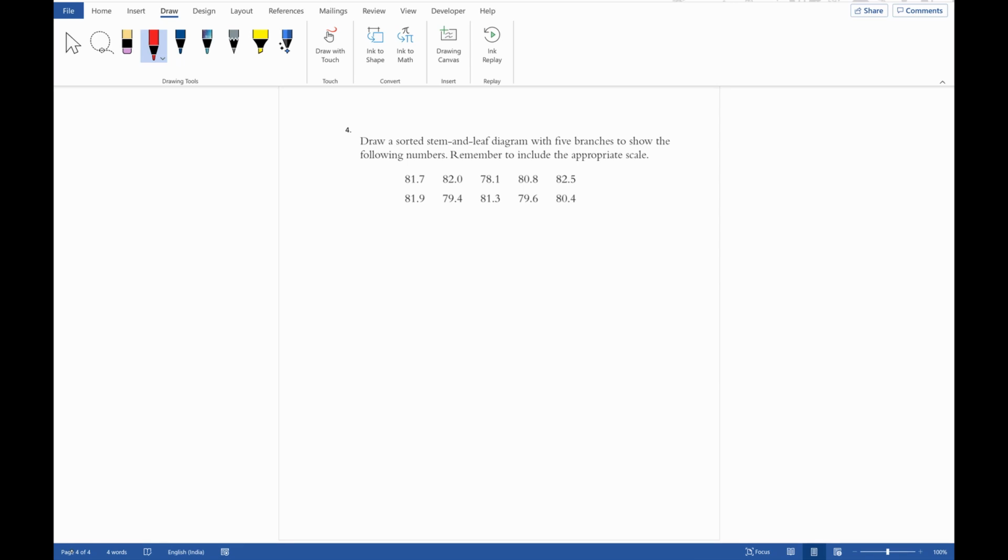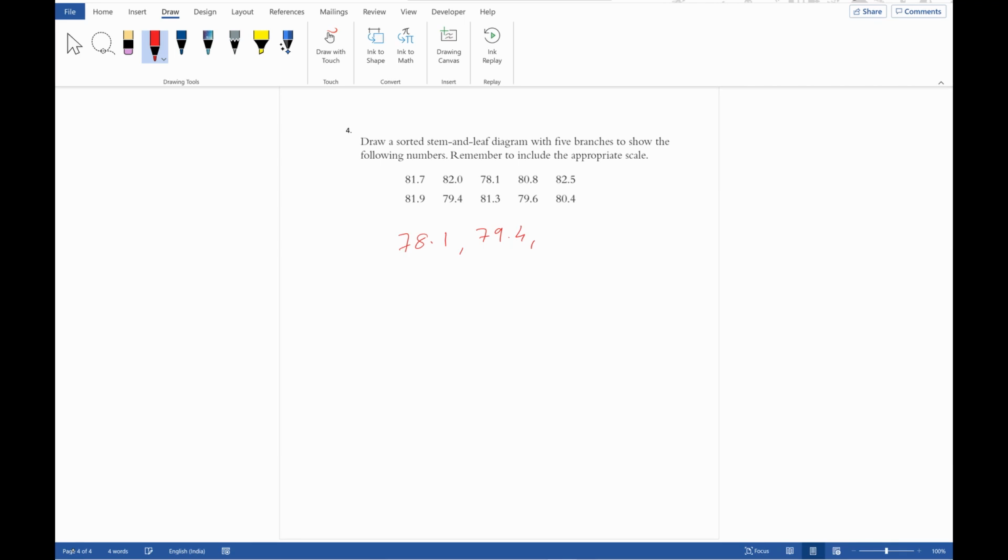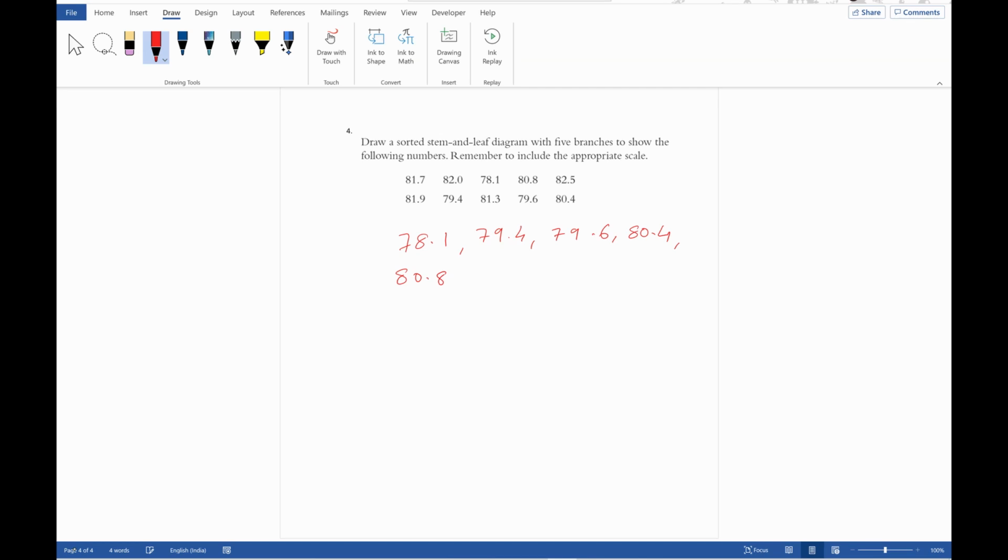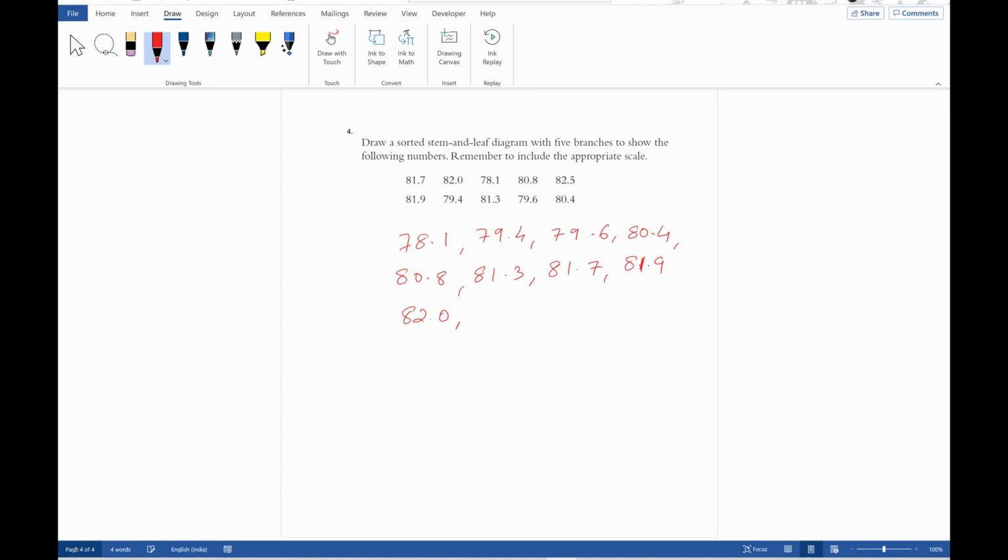So the smallest value is 78.1, then 79.4, 79.6, 80.4, 80.8, 81.3, 81.7, 81.9, 82.0, and 82.5.